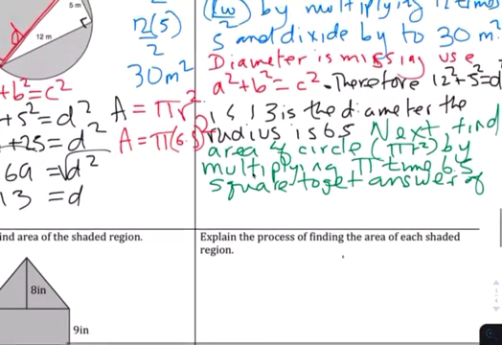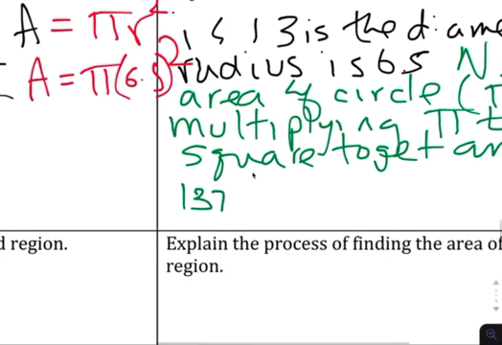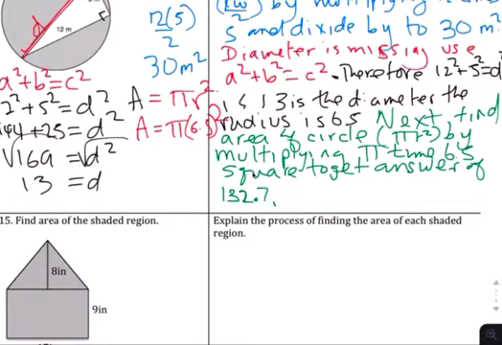Some of you need to copy this verbatim. Pi times 6.5 squared is equal to 132.7. That stays a 7 because the number after it is a 3.